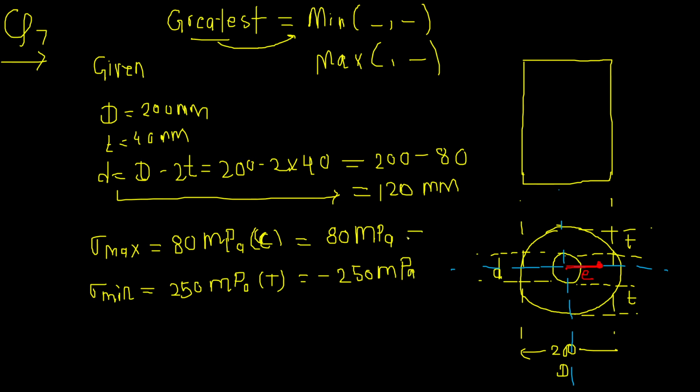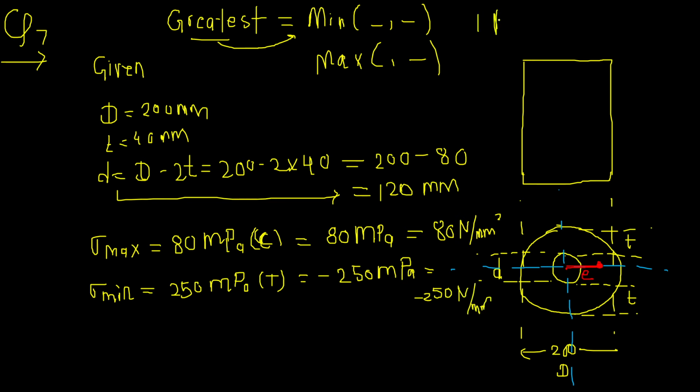ओके. आता हे MPa म्हणजे काय, 1 MPa is equal to 1 Newton per mm square. So हे डायरेक्टली आपण 80 Newton per mm square लिहू शकतो, and this also we can write -250 Newton per mm square.